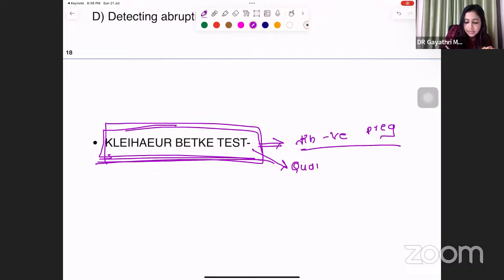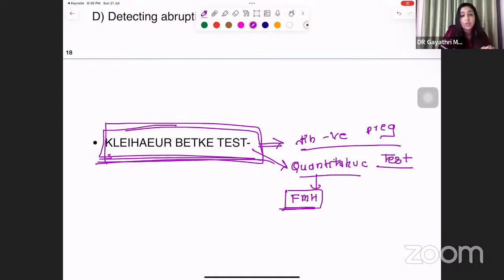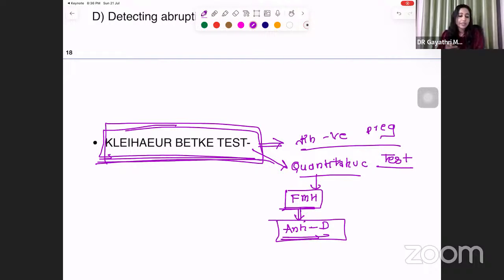It is a quantitative test. That means it will tell me how much feto-maternal hemorrhage has happened, with which I can calculate the dose of anti-D that has to be given to the patient. This is your Kleihauer-Betke test.